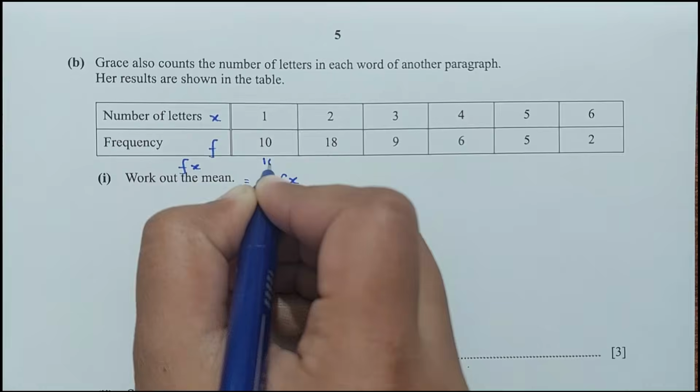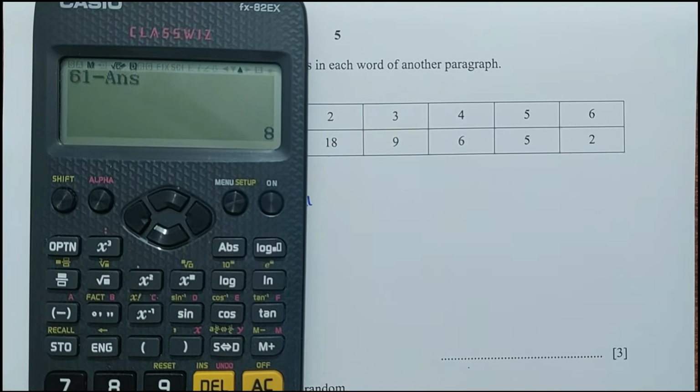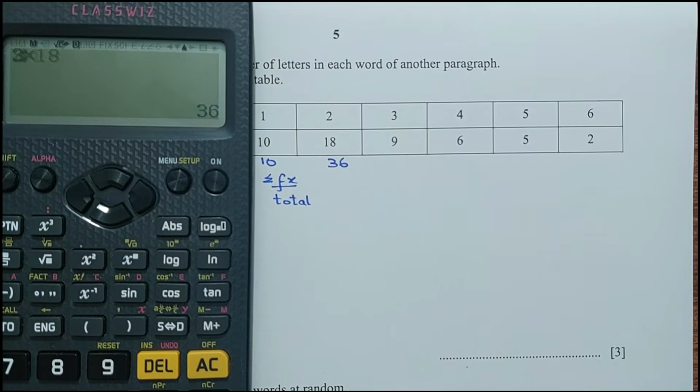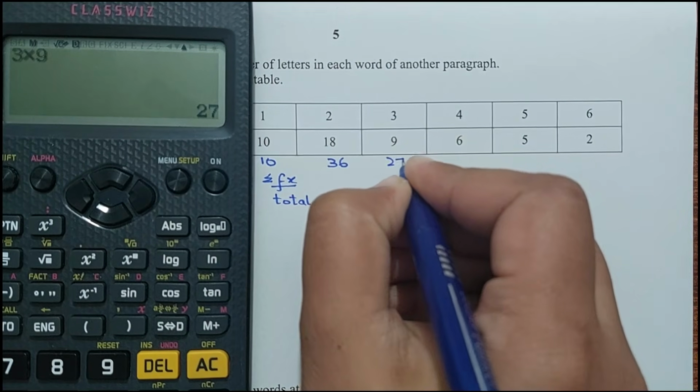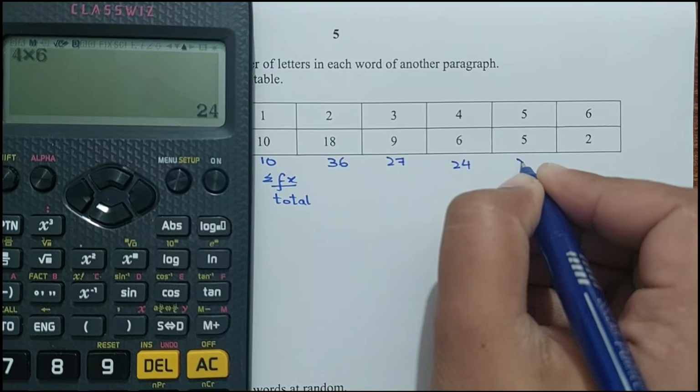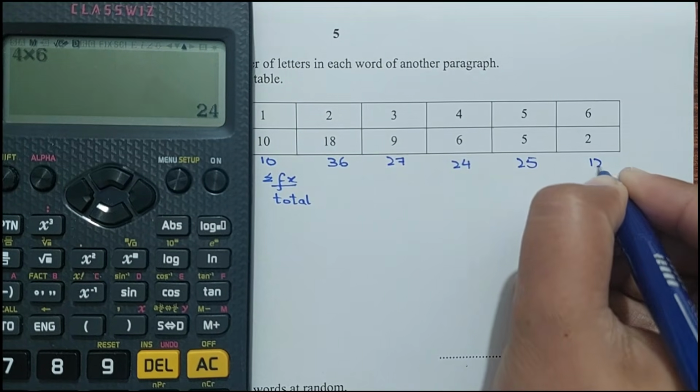1 times 10, 2 times 18, 36, 3 times 9, 27, 4 times 6, 24, 5 times 5, 25, 6 times 2 is 12.